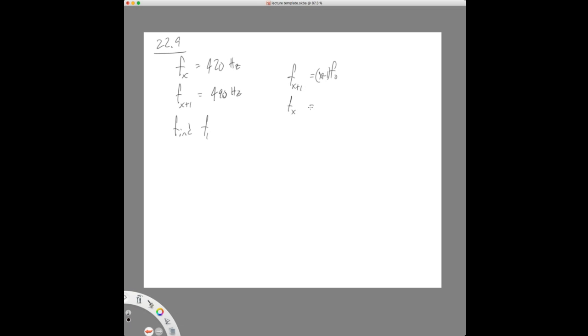And the x, maybe I should have called these n plus 1 and n, would be x times the fundamental frequency. So if I subtract these, I get F of x plus 1 minus F of x. Think of this like the 11th minus the 10th would be equal to 11 times the fundamental frequency minus 10 times the fundamental frequency.